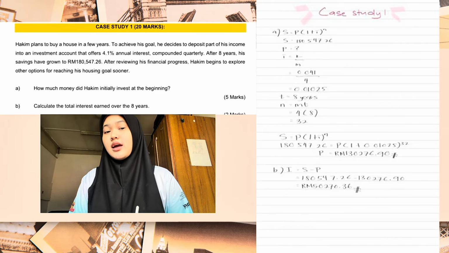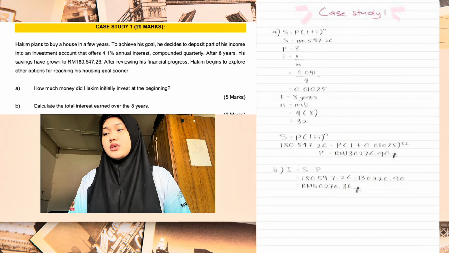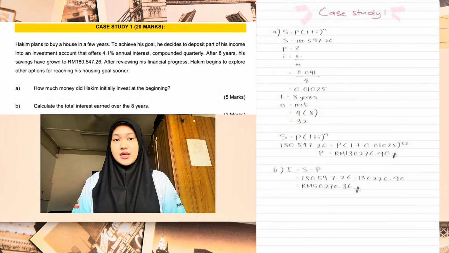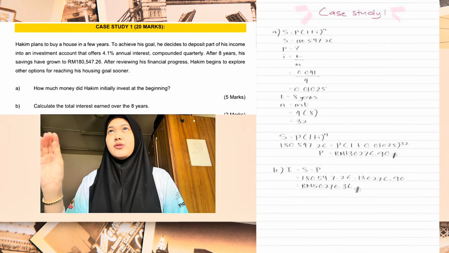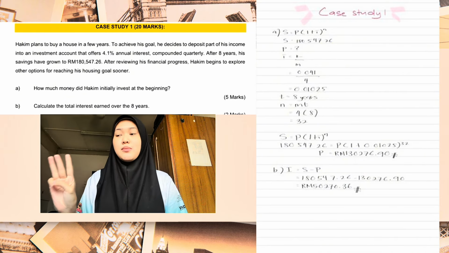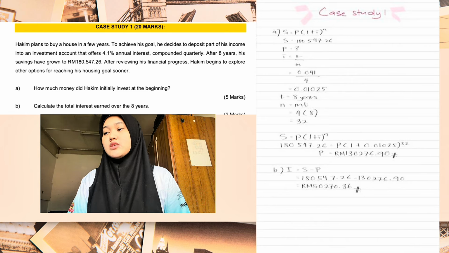For instance, the I, which is K over M. So the K is 4.1%. Convert it to 0.041 over M, which was compounded quarterly, means every 3 months. So the M is 4.